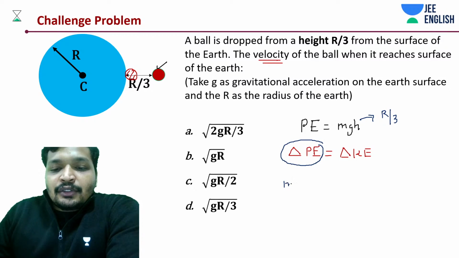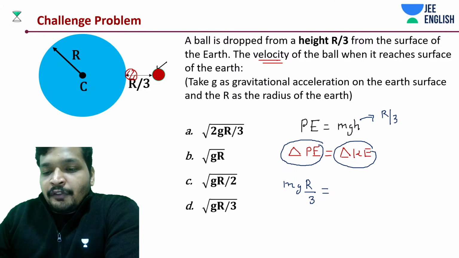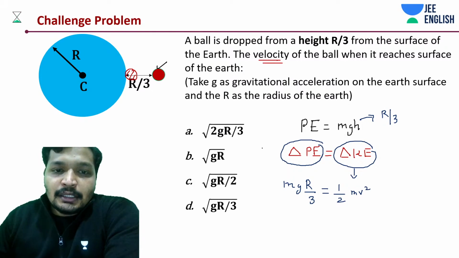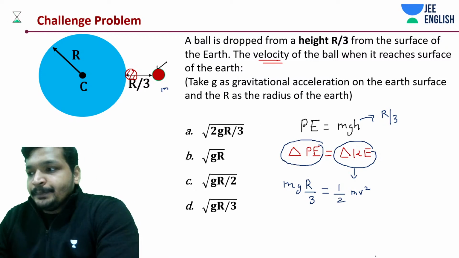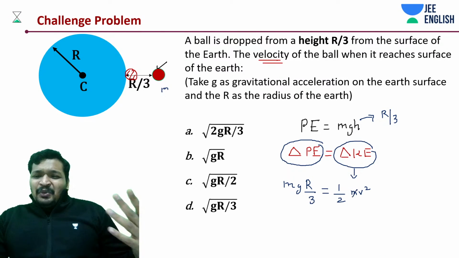So we say mgr by 3 is equal to half mv square, the kinetic energy the moment it reaches the earth. Assuming the ball has a mass m. Now, what is the velocity?